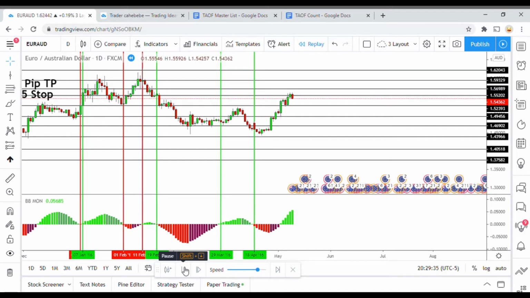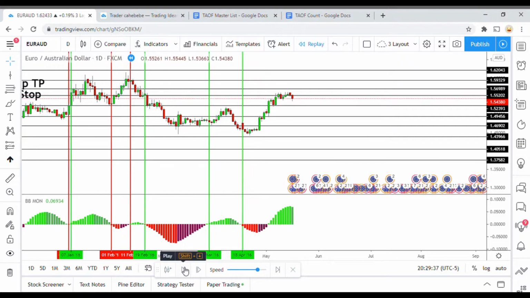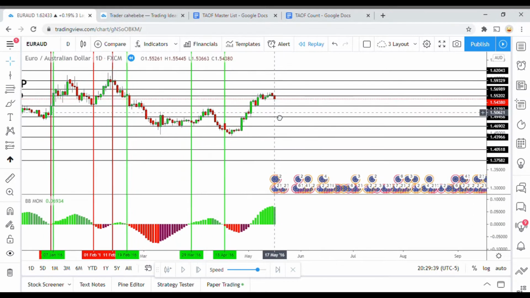And now we're going to play it forward here a little bit. And there it goes. It's starting to make that good push to the upside now. And it's a little premature, but it's had this pretty strong push to the upside, with a few pullbacks in between, working with it here.